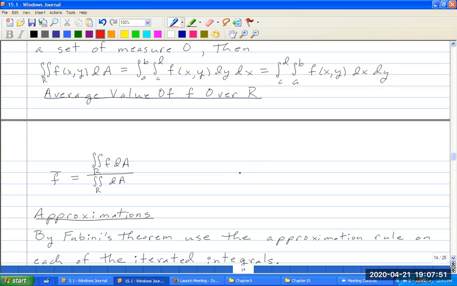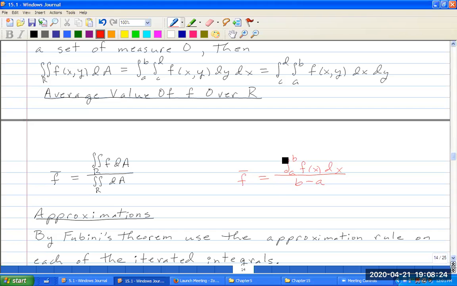The average value in the one-dimensional case was the integral over the region [a, b] of f divided by b minus a, which is just the length of the interval [a, b].